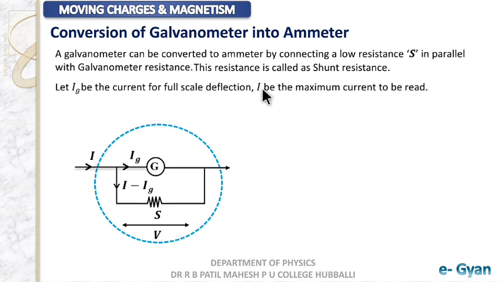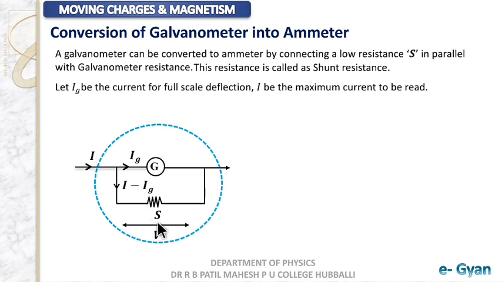We take I to be the maximum current that the whole combination should read. It means if I is the current that has to be read, then Ig can only support the galvanometer to give full scale deflection, and the remaining current has to flow through this shunt resistance.